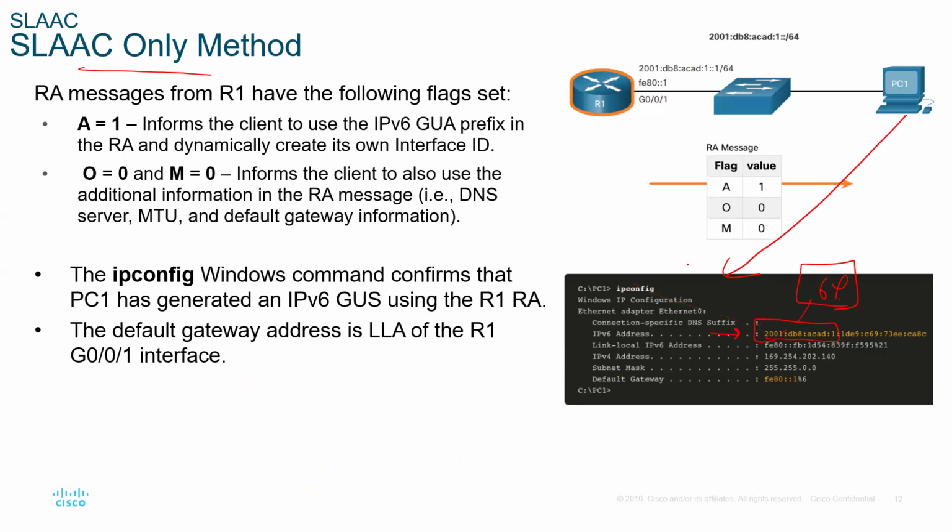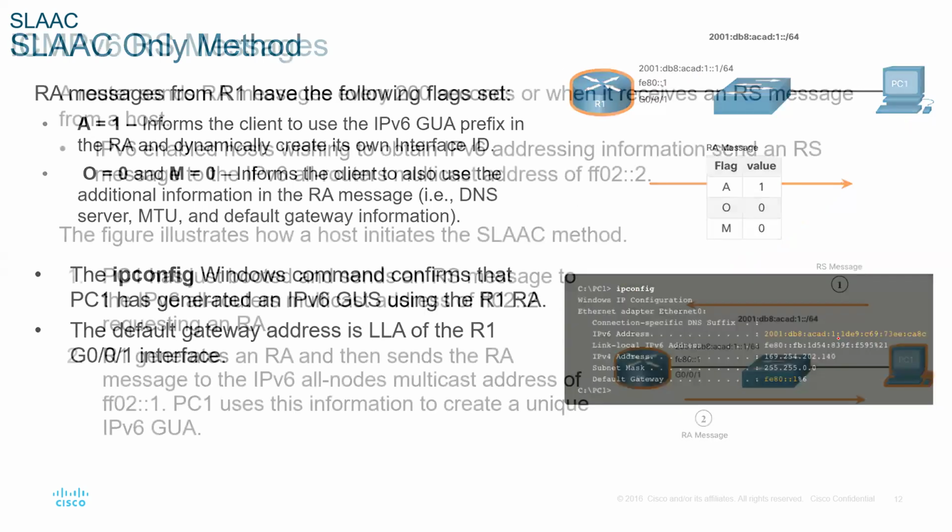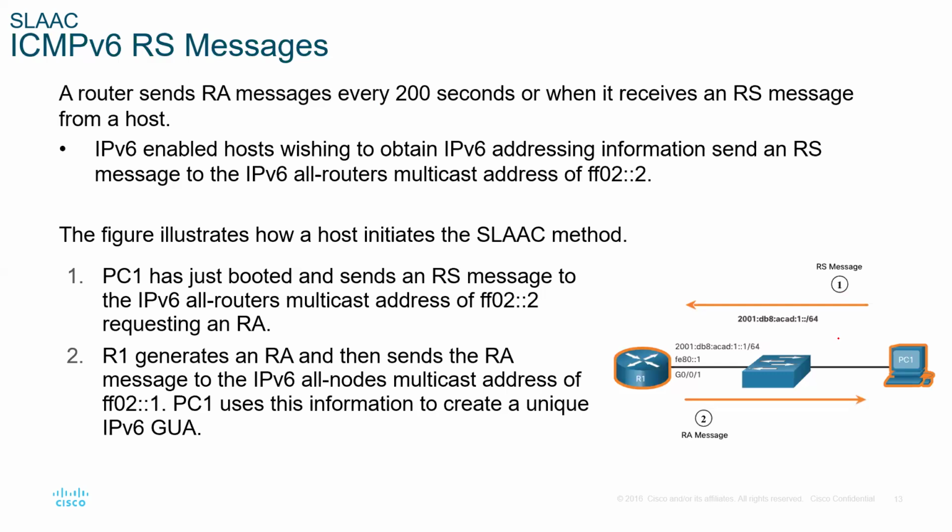The reason why is because if we are using SLAAC only, then it will get this network prefix from the router and it will generate randomly the other part right here. I'll assume that's a random generation because I cannot see the MAC address. So it can either be generated randomly or by using the MAC address via the EUI-64 process.